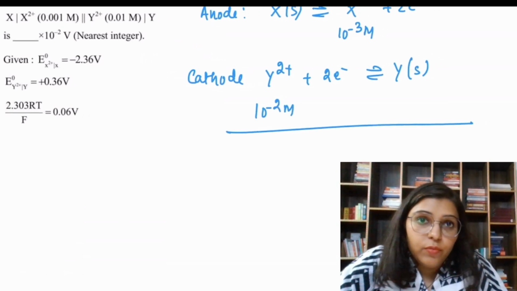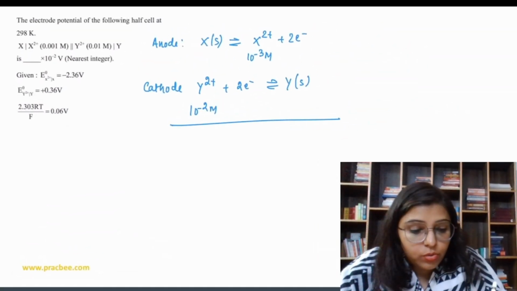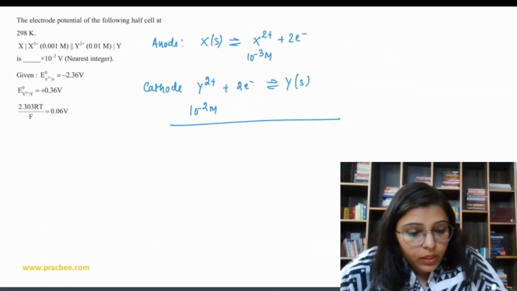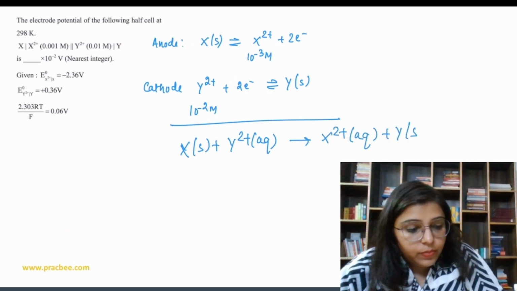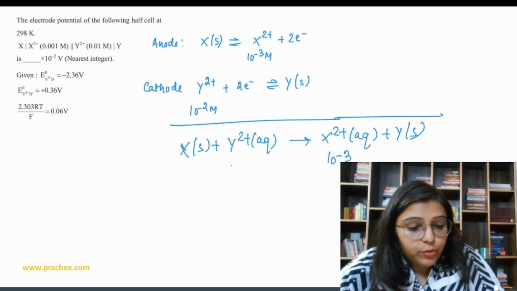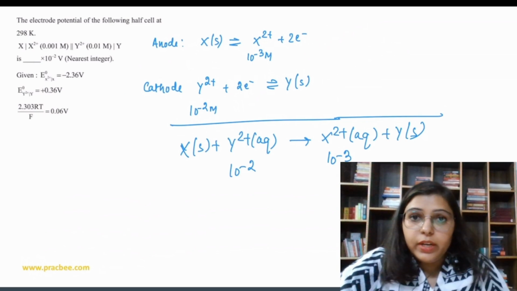The complete reaction is X solid plus Y2 plus aqueous gives X2 plus aqueous and Y solid. X2 plus concentration is 10 to the power minus 3, while Y2 plus concentration is 10 to the power minus 2 molar.